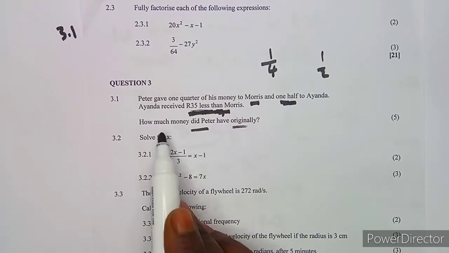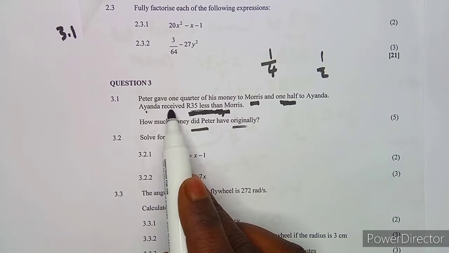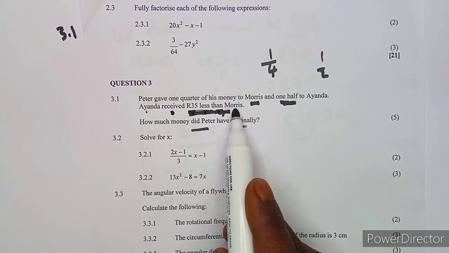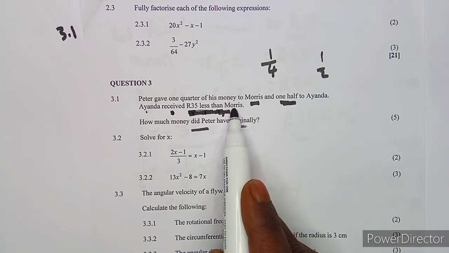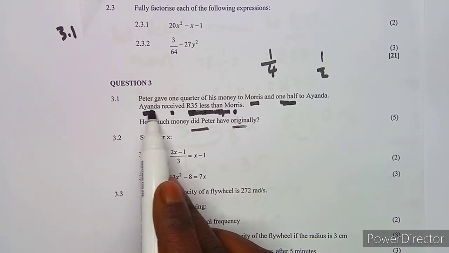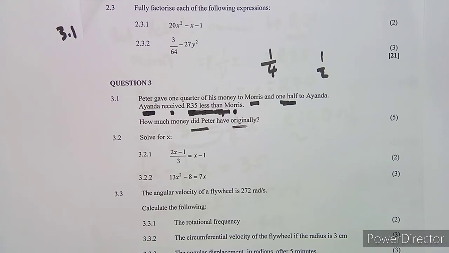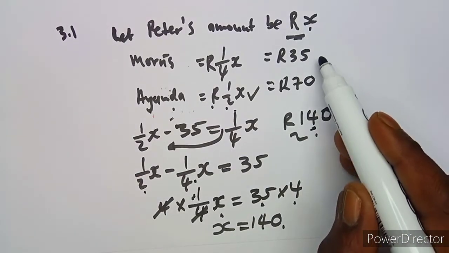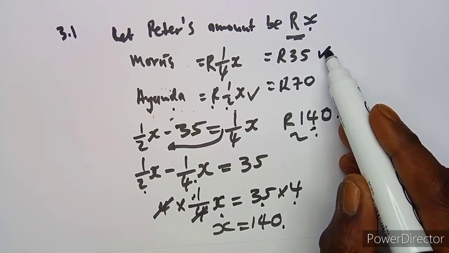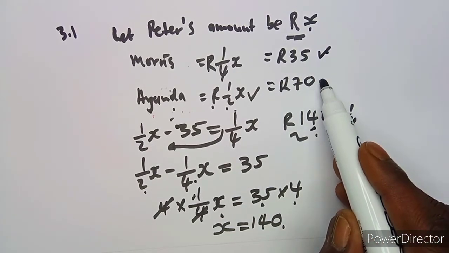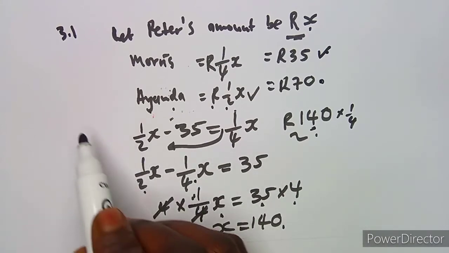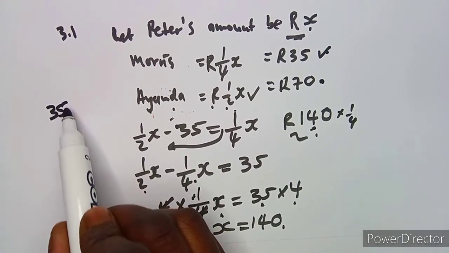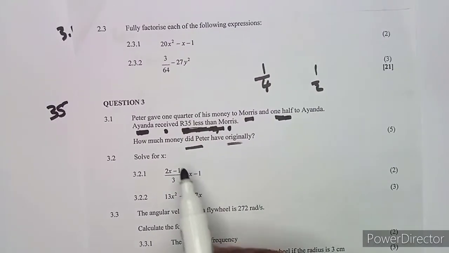The part I want you to see that doesn't make sense is this part. Look at what they said. They said Ayanda received 35 rand less than Maurice, which means the amount of Ayanda is the one which is less than the one for Maurice, but this is the opposite. The Maurice amount is the one that is less than the one for Ayanda. So this statement was supposed to be Ayanda received 35 more than Maurice, so that it can work.